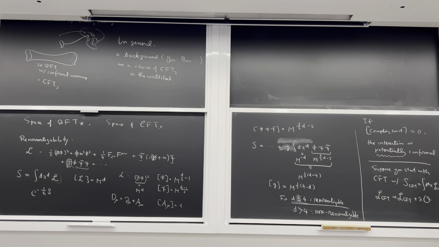Okay, and if the conformal dimension of this interaction is d, then the integral of O over d-dimensional space-time has dimension 0. So that means that the coupling constant has 0 conformal dimension.